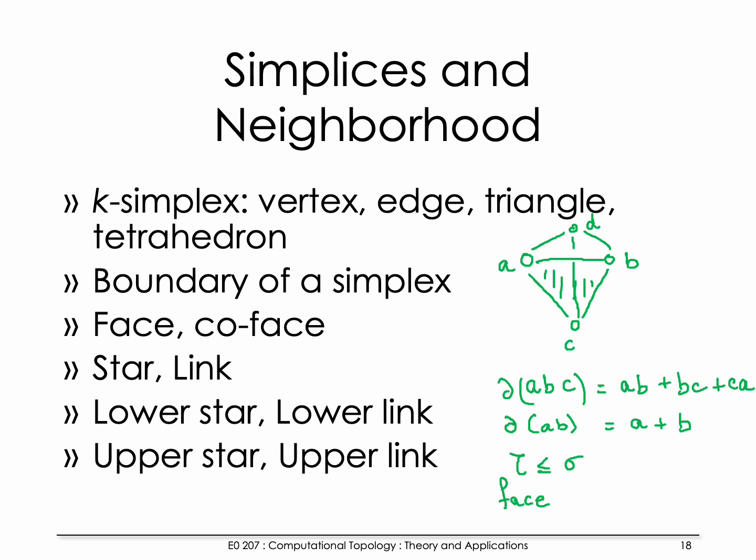So AB is a simplex sigma. A is one of its faces because it is a simplex that is defined by a subset of the vertices that define AB. Similarly, the vertex A is also a face of the simplex ABC. If tau is a face of sigma, then we call sigma a coface of tau.